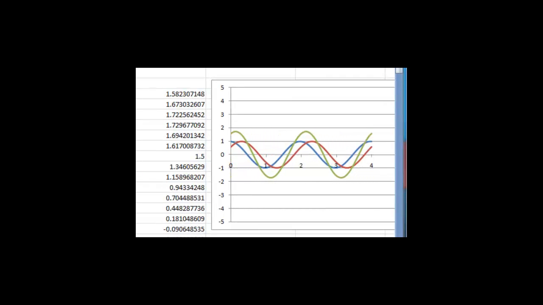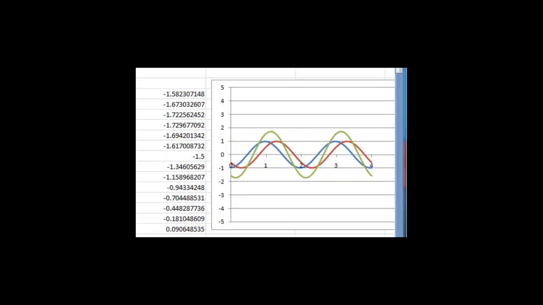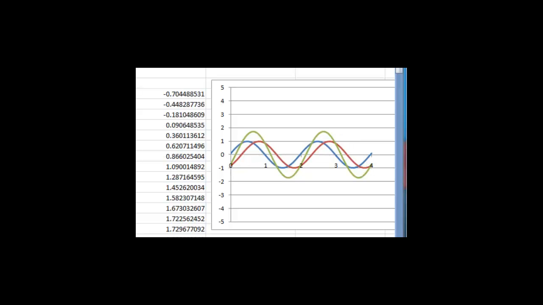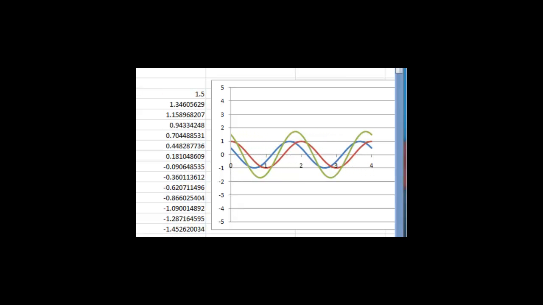Now wave 1 is out of phase from wave 2 by pi over 3 radians, but the two waves continue to travel together, keeping the phase difference constant. Continue to experiment with these parameters until you are comfortable in your understanding of superposition for two waves.